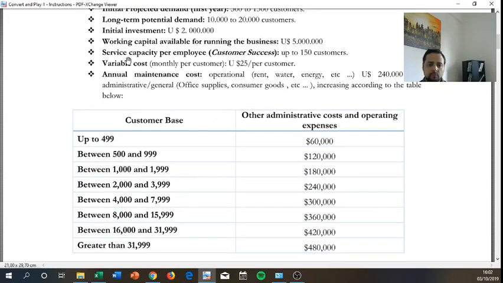You also have the variable cost of $25 per customer per month. So if you have 10 customers, you need to pay $250 per month just because of that quantity of customers.